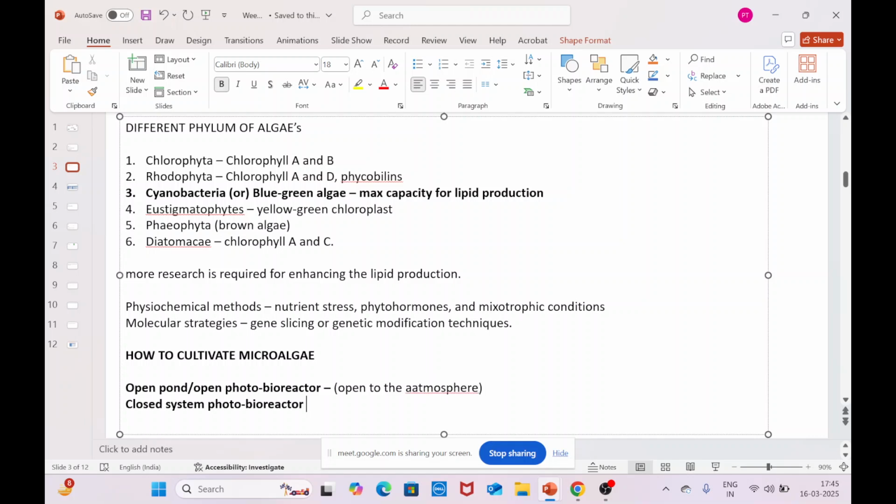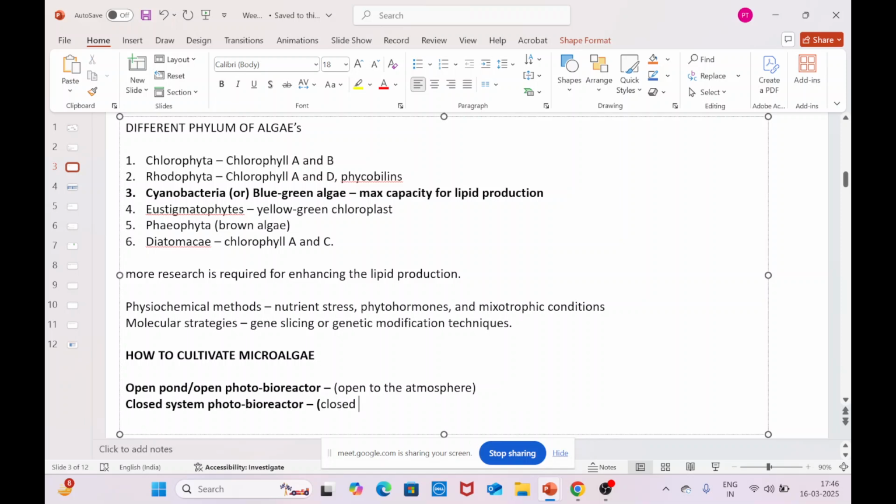In case of the closed system photobioreactors, it is closed. So the main difference between the open system photobioreactor and the closed system photobioreactor is the presence of the cover.